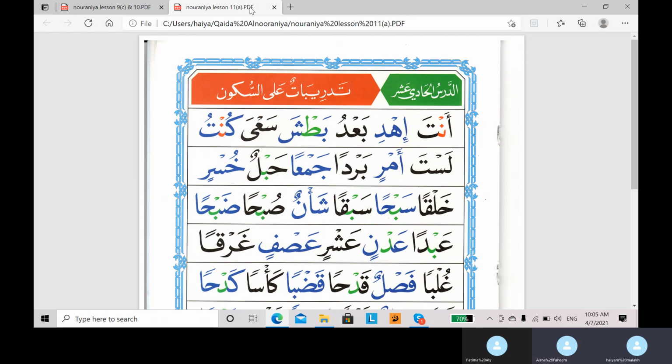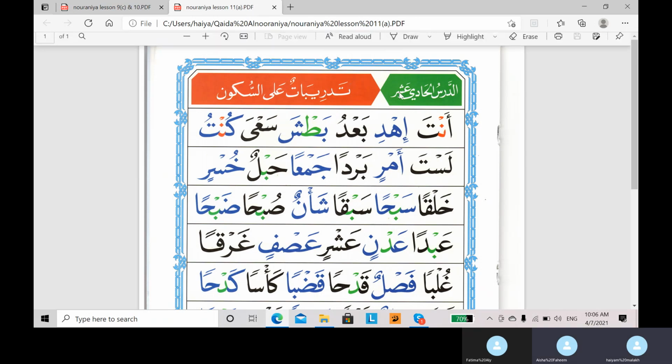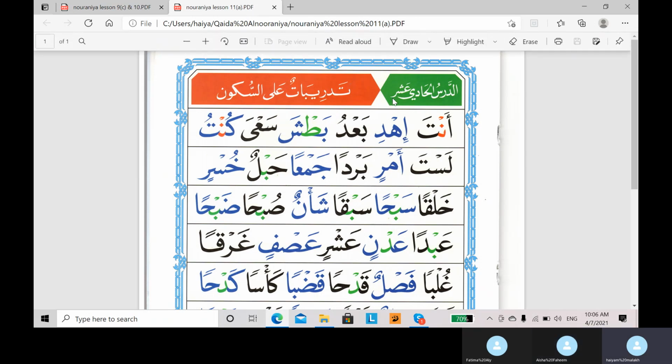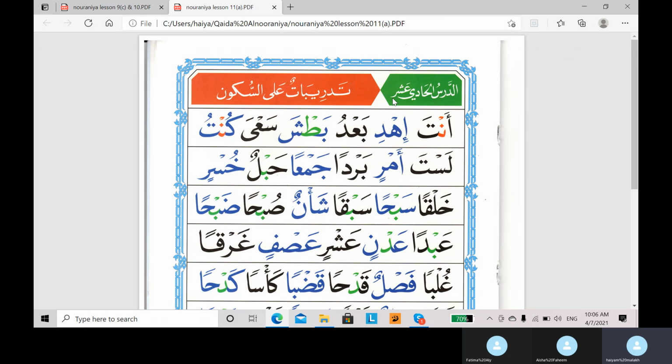So for what we read now, ab, ib, ub, ach, ich, och, these words are practicing and exercises for this sukun. This is lesson number 11, exercises for sukun. I will read the first so you can understand the way, inshallah.